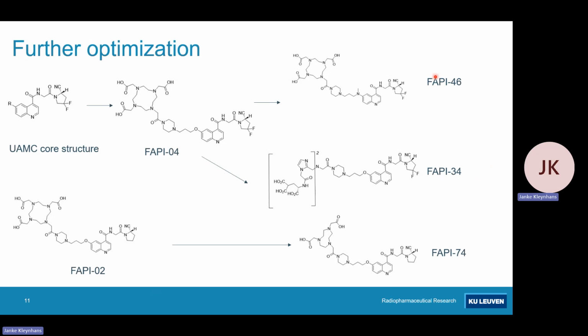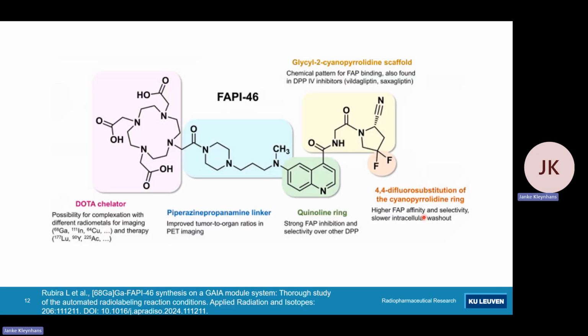So FAPi 46 is for gallium labeling and also maybe therapeutic, but this is not the most optimal molecule out there for that purpose. FAPi 34 is for technetium labeling, and FAPi 74 without the fluorine is for aluminium fluoride labeling with the NOTA chelator. So fluorine 18 is being made as pseudometal and then incorporated in the NOTA chelator.